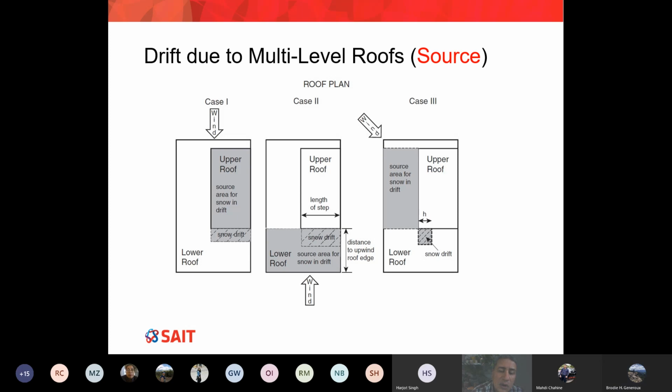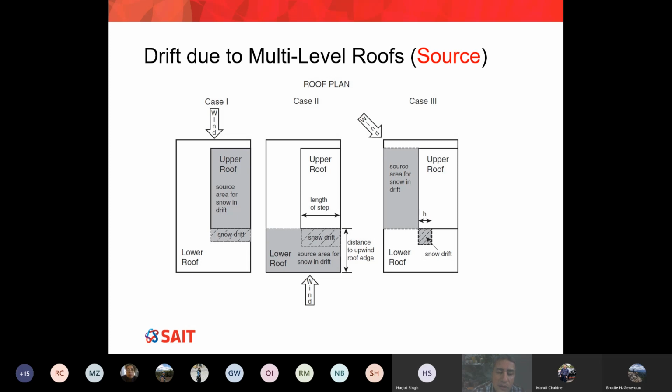In case number 2, the wind changes its direction, so it is blowing from front to back, and in this case, the source of the accumulation is on the same area. The area is the same, by the way, but the source is different. The source right now is not the upper roof.